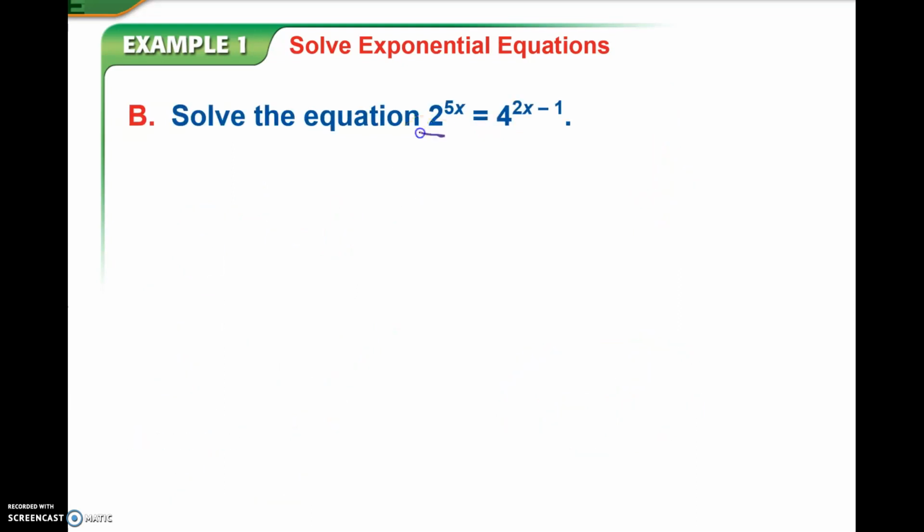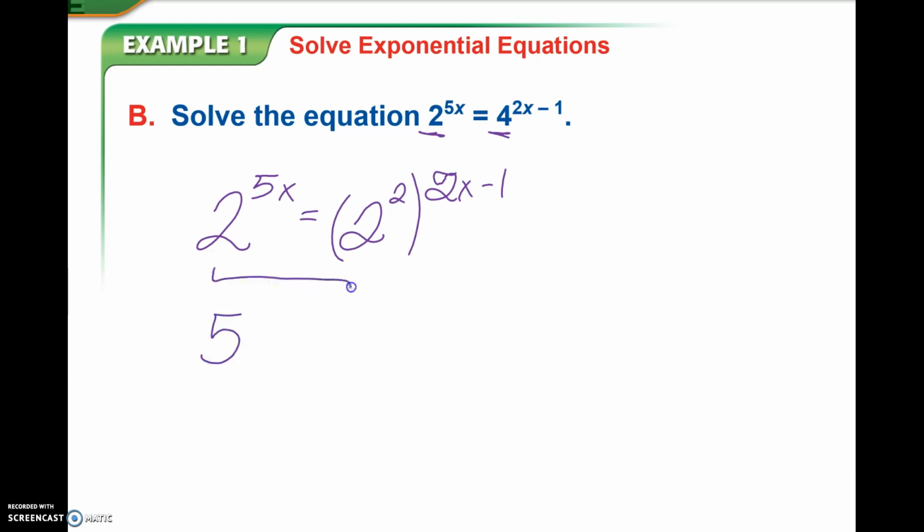Same thing here. I have a 2 and a 4. So I'm going to rewrite my 4 as 2 to a power. So 2 to the 5x equals, 4 is 2 squared, so I'm going to rewrite my 4 as 2 squared to the 2x minus 1. And power to power again, we multiply those. So the bases are the same now.